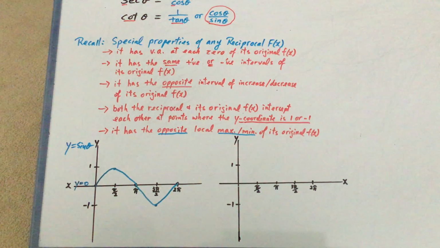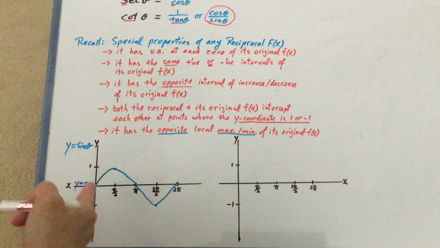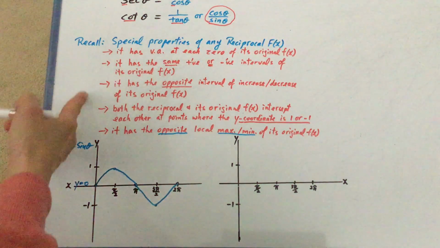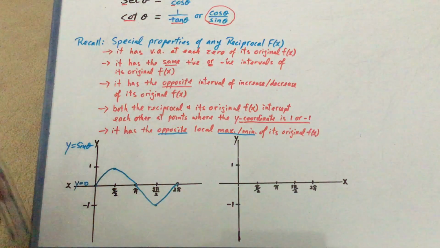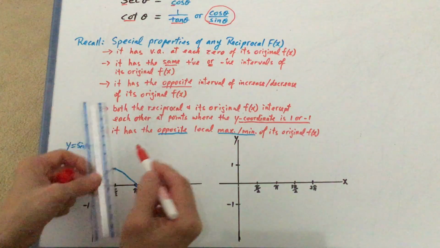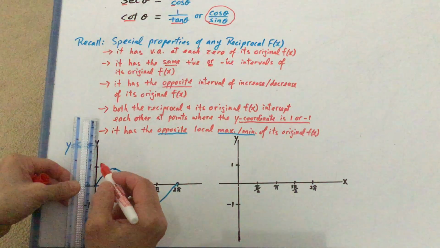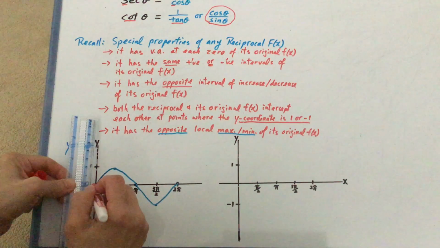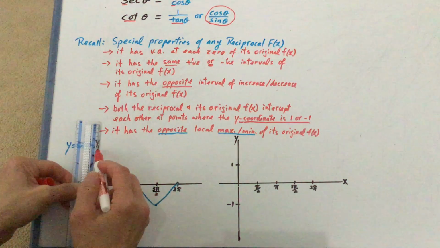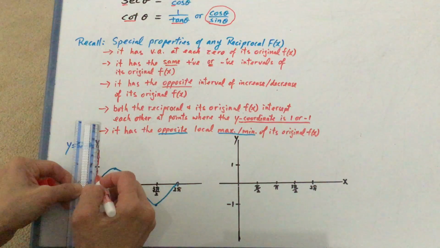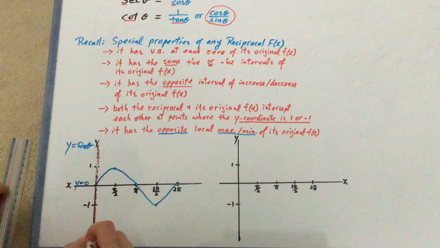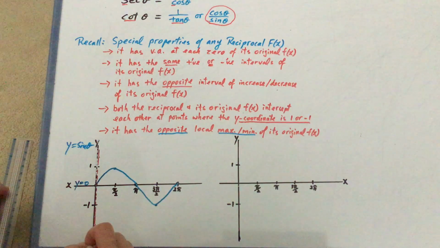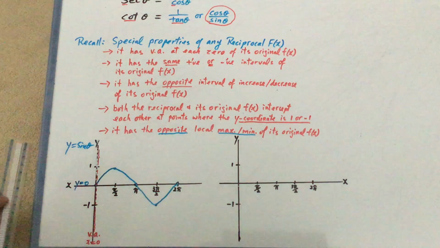From the graph, I'll check each of these special properties. The very first thing I'll do is, at each zero, get a vertical asymptote. The first zero happens at the starting point, so I'm going to have my first VA right here, x equal to 0.